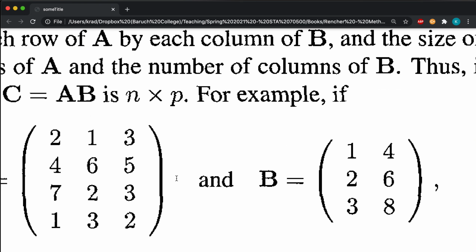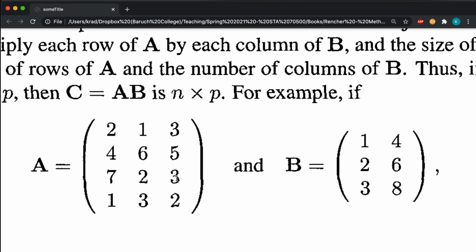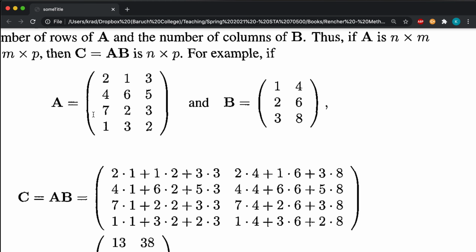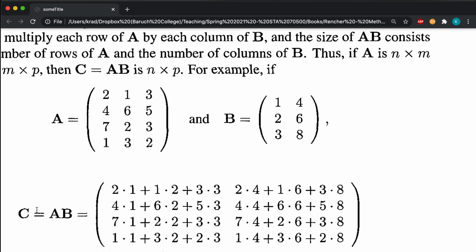So let's look at an example. Here we have a matrix A. It's 4 by 3, and B is 3 by 2. So these two matrices are conformable, and we can multiply them. Let's say we want to find the first element. C is AB.